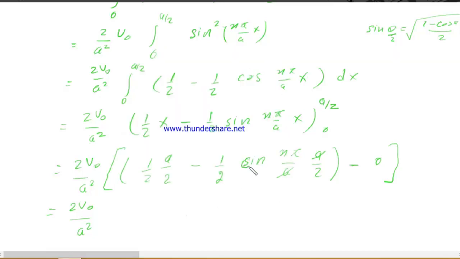Here this is cos theta, because when we integrate this term we get the cos theta term. So when n pi divided by 2 gives 0, this term becomes 0, then only the term a divided by 4 remains, and then this term cancels with this, and this cancels with this, giving V naught divided by 2.